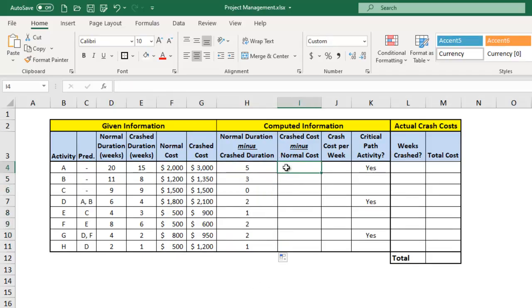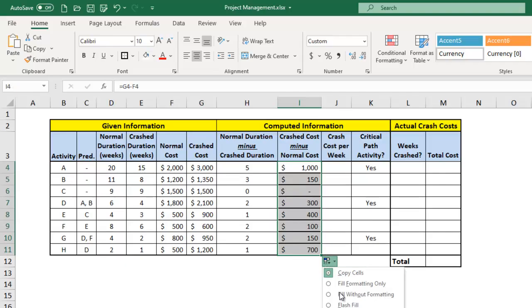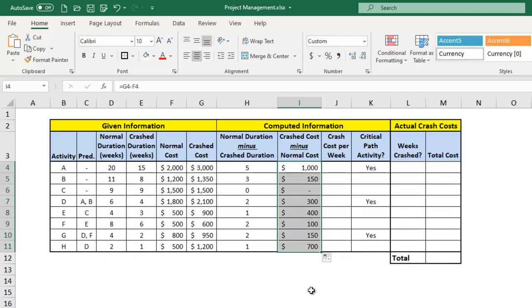Then we take the difference between the crashed cost, the cost of the activity if we were to crash it, minus the normal cost. And so this tells us that it would cost us an additional $1,000 for activity A if we wanted to shorten it by 5 weeks. Now we may not need to shorten this activity by 5 weeks, but maybe only 1 or 2 weeks.